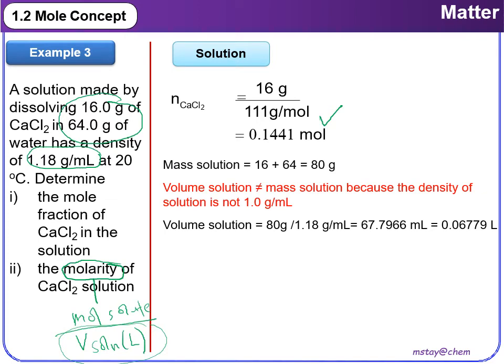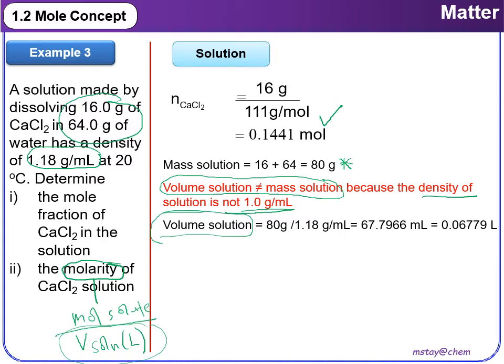Do keep in mind, the volume of solution does not equal the mass of solution, except when the density of solution is 1 gram per mole. In this case, it is not 1 gram per mole, and you cannot assume it is water because they already gave us the density of the solution. So with the mass given in the question, we total up the mass of solution, which is 80 gram, and then we use the formula of density to determine the volume of solution.